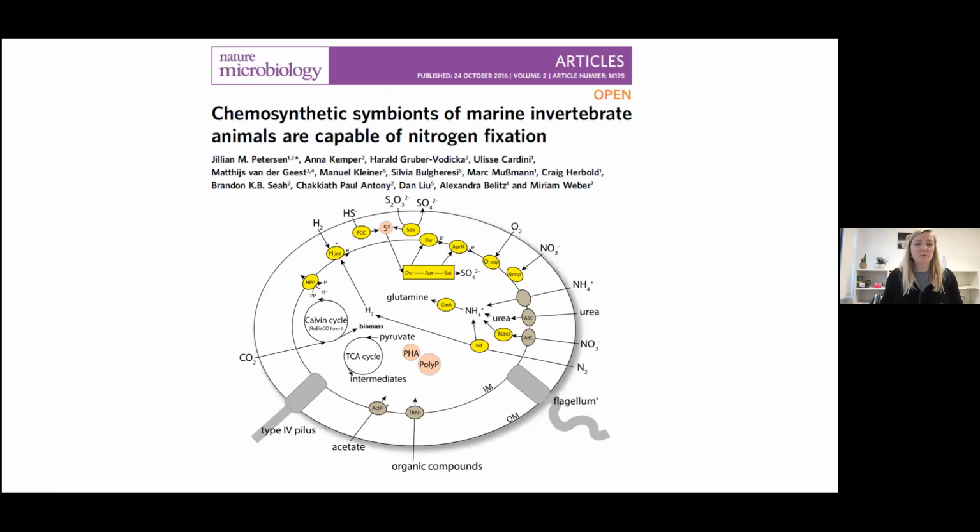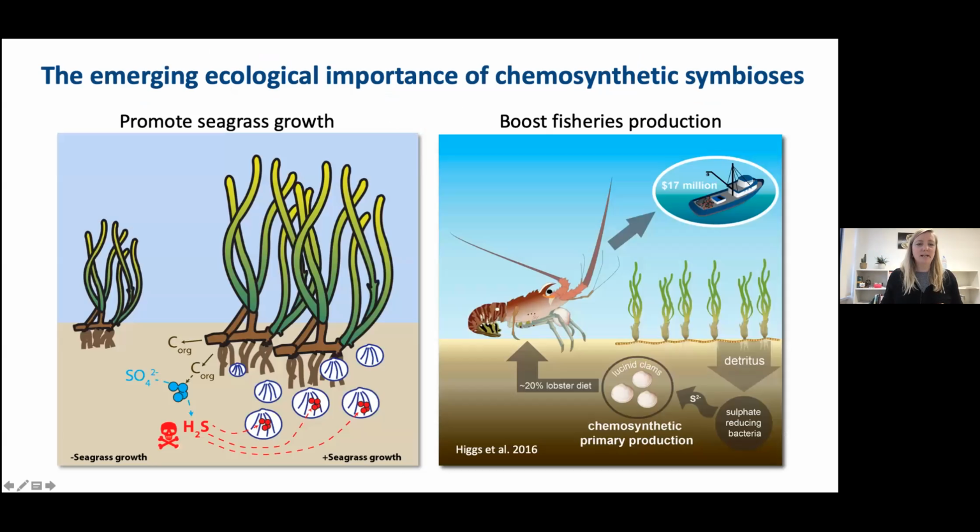So this was published quite a few years ago now. And since then, we're starting to realize that there may also be an ecological role for nitrogen fixation by the chemosynthetic symbionts of leucinids. And there are many studies now showing also that the seagrasses benefit when they associate with leucinid clams.